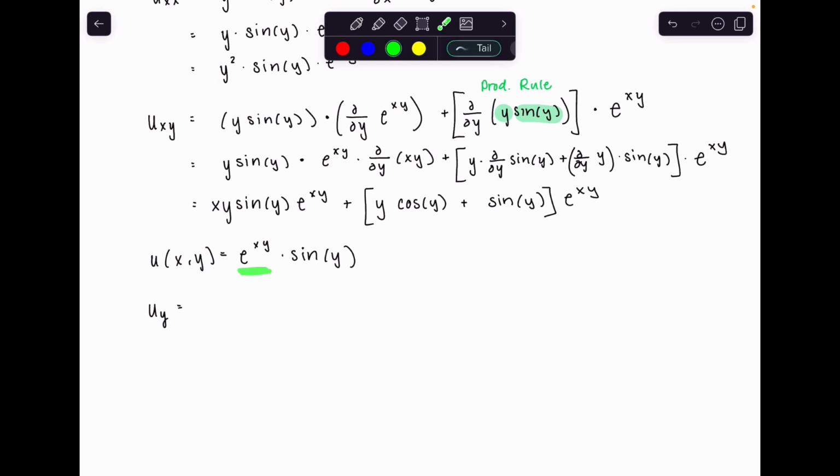So I get the first, and then I'm going to have to times that by the derivative of the second. So that's the partial with respect to y of sine of y. Then I've got to differentiate the first, and we keep the second.